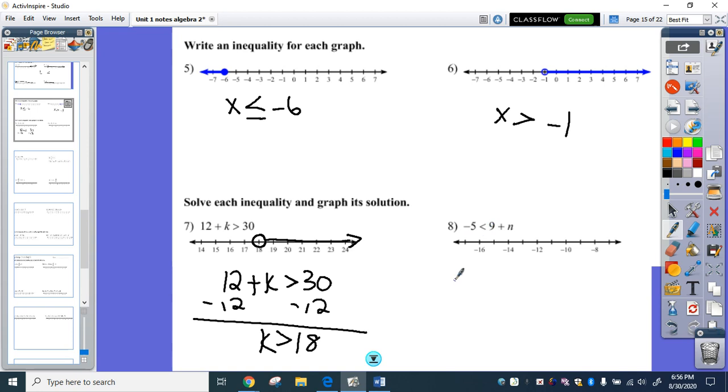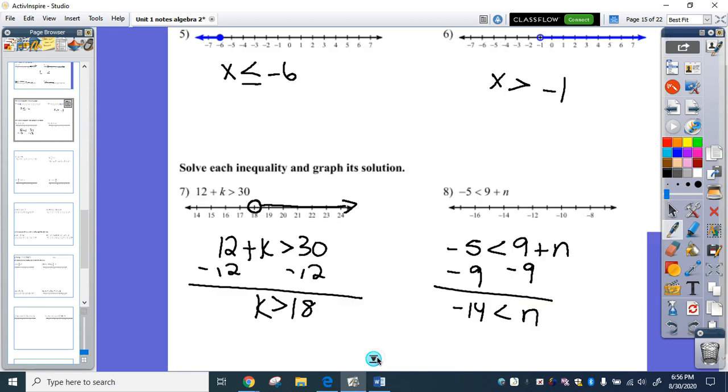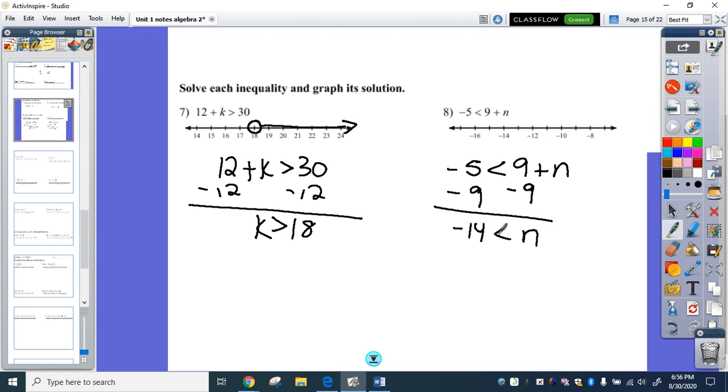Now, in number 8, we get a little bit of a situation. We have -5 is less than 9 plus n. If we wanted to solve for n, normally we would subtract 9 from both sides. That would leave us with -14 is less than n. People often get confused when this is written backwards because they're not sure which direction to shade.